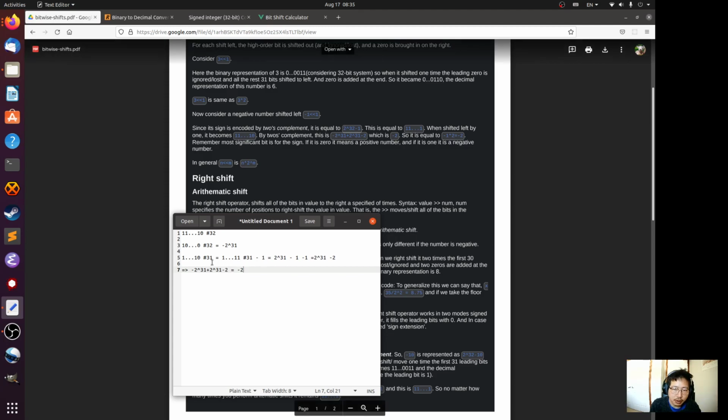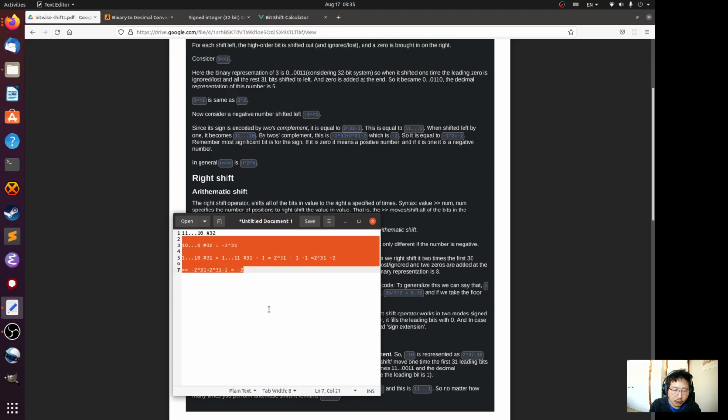So just recapping, if you have a negative number encoded by 2's complement, the way to manually calculate the value of this 32-bit number is that first you recognize that this bit over here is for the sign, and if that is 1, then the value over here is negative.